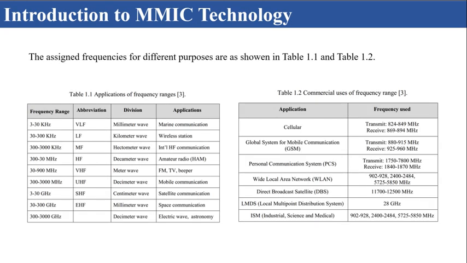In fact, the frequency assignment is the actual radio frequency of the signal being transmitted and received. This is the most commonly used frequency designation. The assigned frequencies for different purposes are shown below in Table 1.1 and Table 1.2.